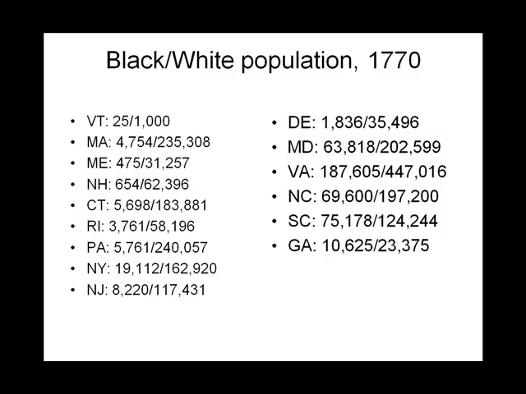From Vermont, where there are only 25 blacks out of 1,000 people in 1770, all the way to Rhode Island, 3,776 out of 58,196, all the way over to those southern colonies, Maryland, Virginia, North Carolina, South Carolina, where blacks make up a much larger percentage of the population, and where obviously they contribute a large percentage of the labor force in those states.